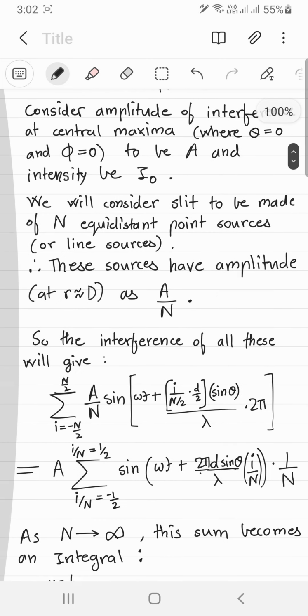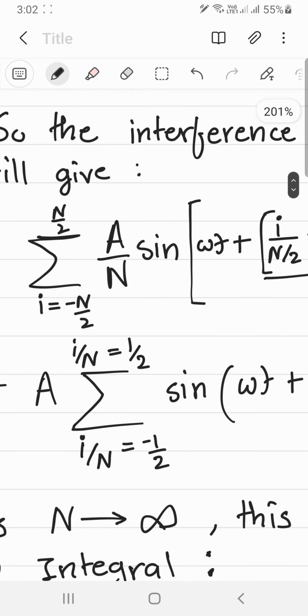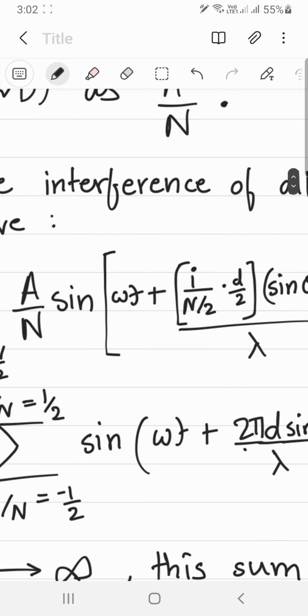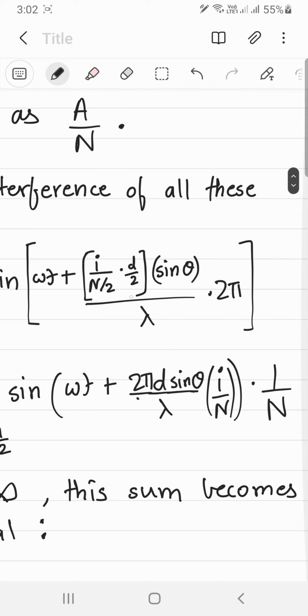Who cares? So it's from negative N by 2 to N by 2 of, so the amplitude of each of these small sources at a distance of capital D, that would be capital A upon N. Okay, and then you have this function. So that's with any sinusoidal wave, you have to put this function, and then there's this phase difference. So this phase difference is dependent on which point we are talking about, right?